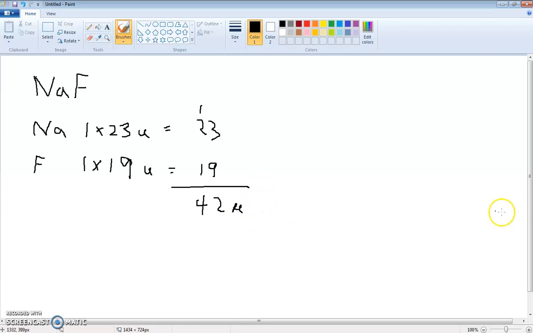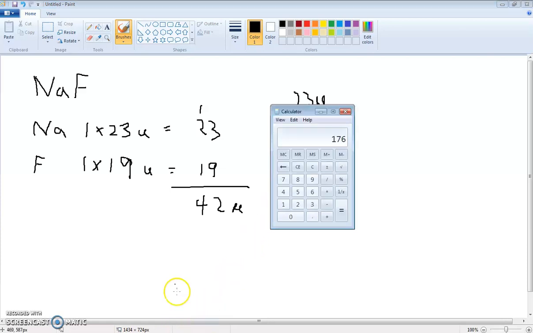Alright, so now we want to find the percent. The percent of sodium is going to be 23 AMU divided by 42. So 23 divided by 42. We can use our calculator now.